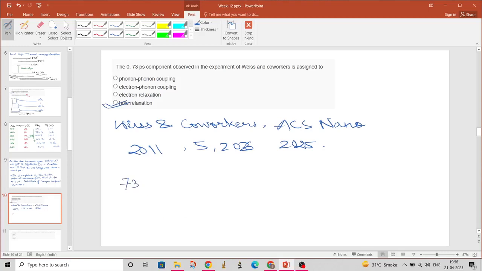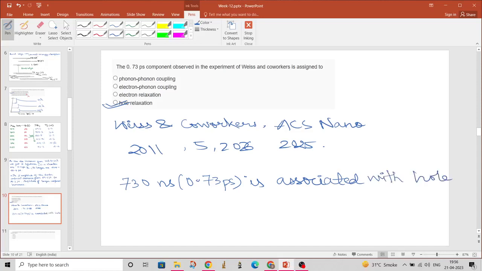It is 0.73 picosecond, associated with hole relaxation, which takes place in ultrafast time scales, that is in picoseconds.